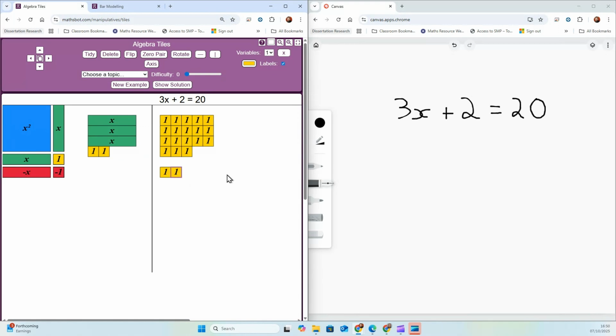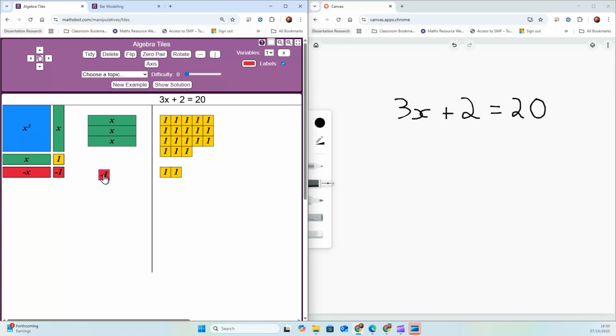And in the standard parlance for equations, I can remove these ones from both sides because they're both equal to each other. And so if these two parts are equal, then these two parts up here must be equal. But I can actually physically remove the ones by combining them with negative ones.